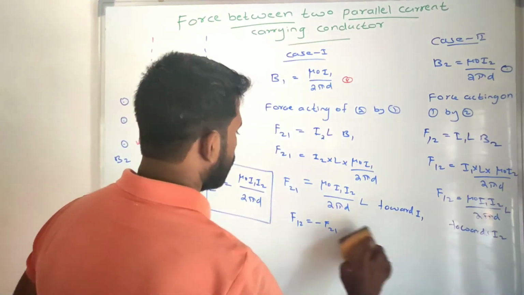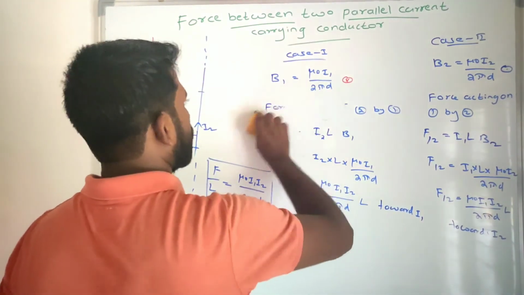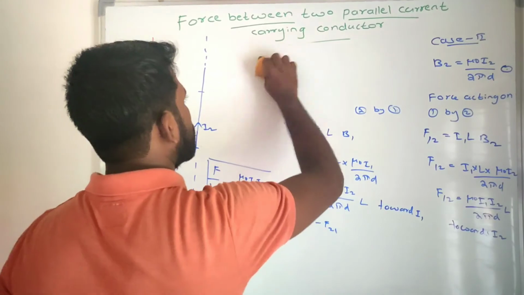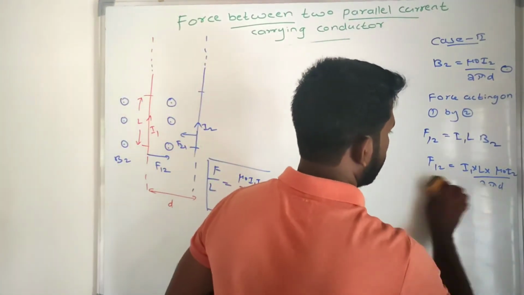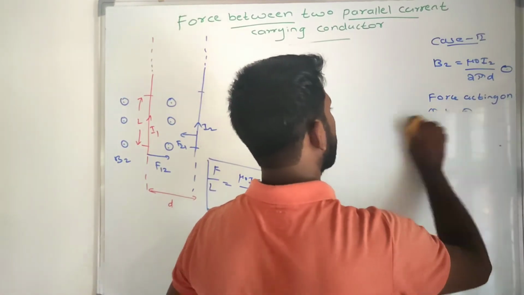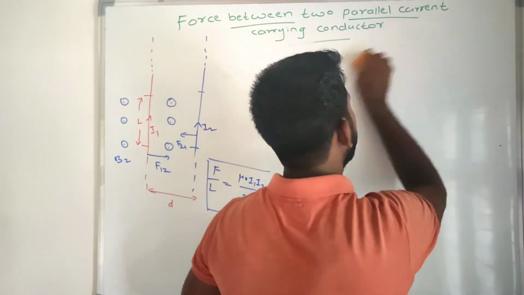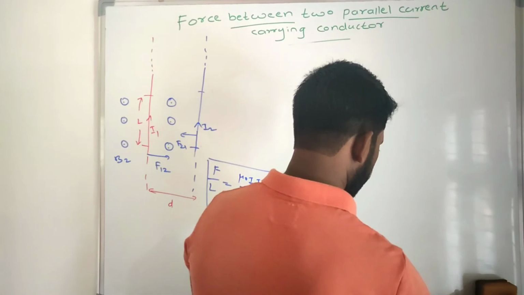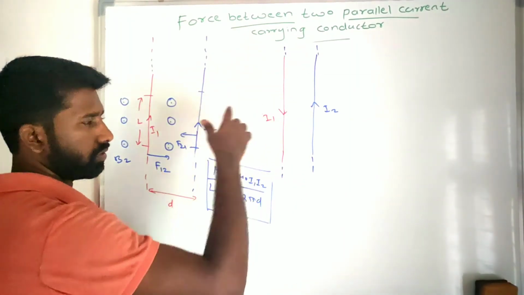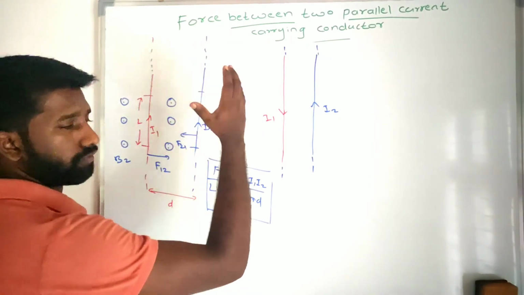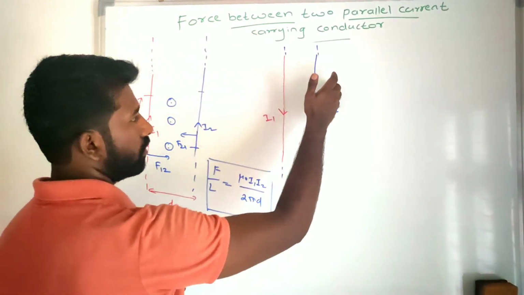Now we will see what will happen when the current carrying conductors are placed some distance apart and the current is going in the opposite direction. First of all, we are going to consider this conductor. The first conductor produces a magnetic field at the second.